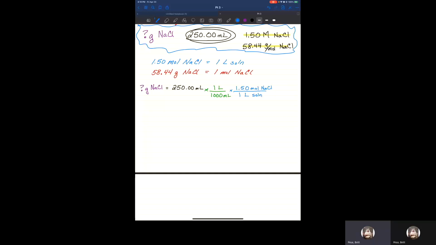And the last piece that I have is that for every 1 mole of NaCl, it's 58.44 grams.